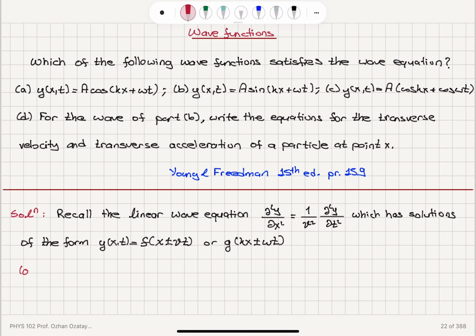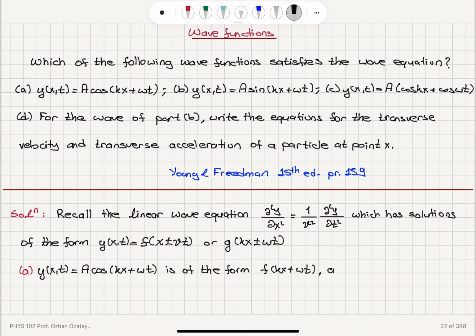Now, part A, the first wave function we're given is y(x,t) = A cos(kx + ωt). And clearly, this function is of the form f(kx + ωt).